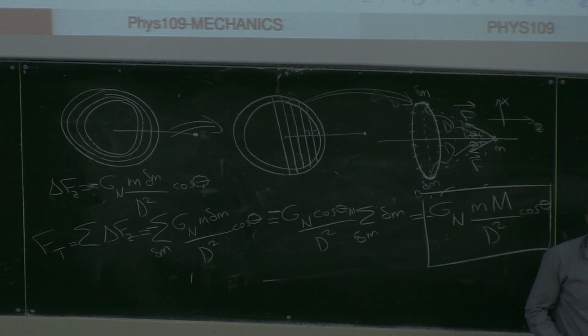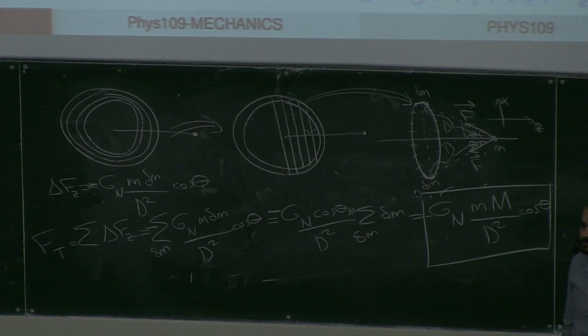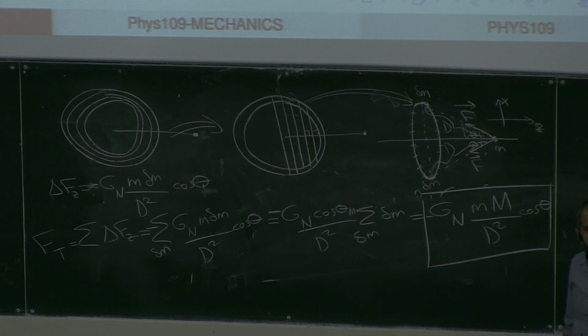So if I had asked you what is the net force acting on the ring, what would you say? Okay, let me ask you this. The net force acting on the ring, would it be smaller than this, larger than this, or equal to this? Okay, who says larger? Hands.